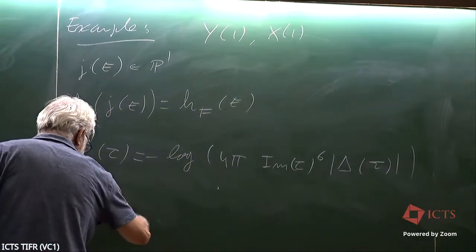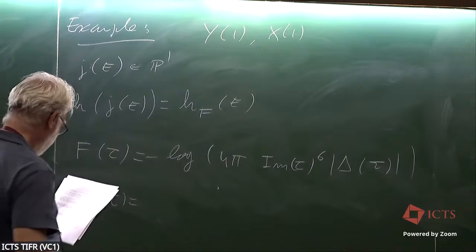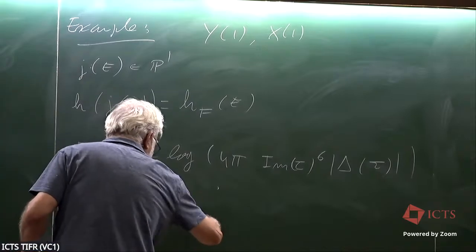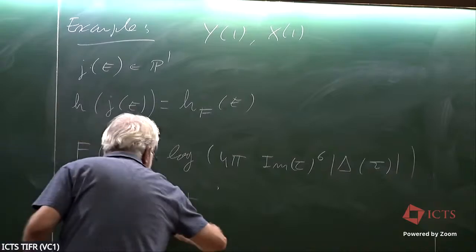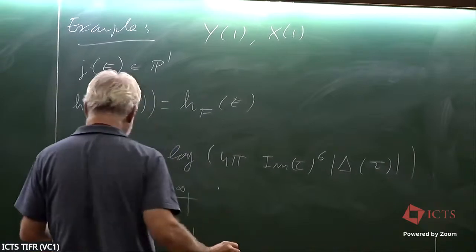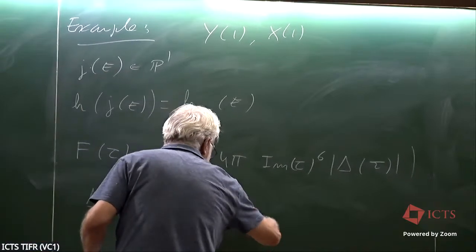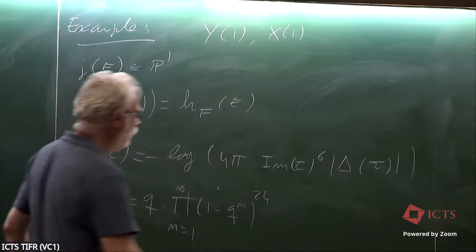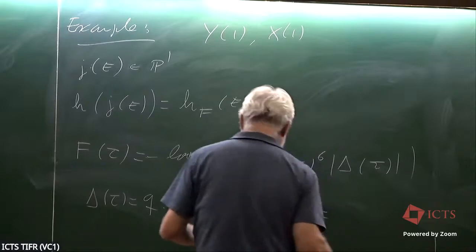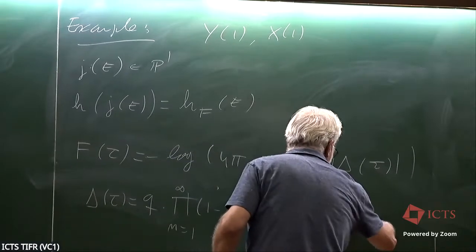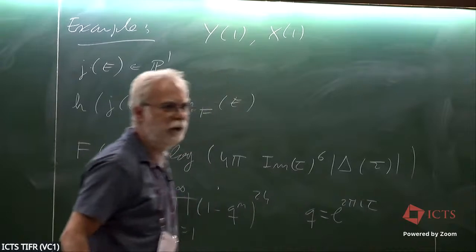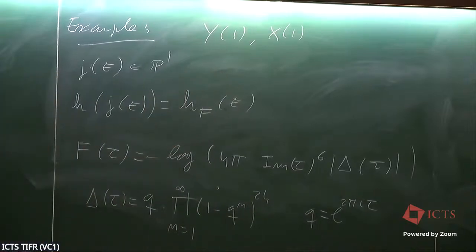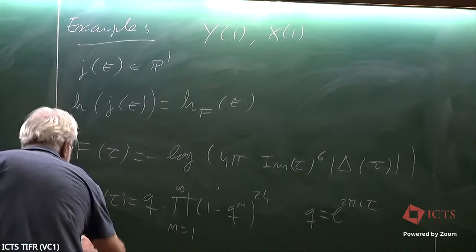So delta of tau is just q times the product for n equal to 1 up to infinity of 1 minus q to the n to the power 24. And here q is equal to e to the 2 pi i tau. This formula is for the people that like Ramanujan and modular forms. So this is what is called the modular discriminant. This is the cusp modular form of weight 12.